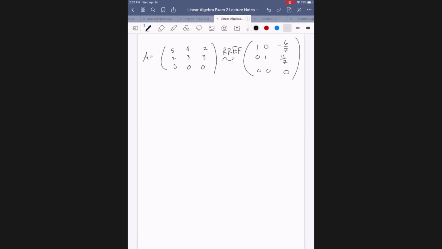Okay. Now, question. What would be the basis of the column space now that you have this RREF matrix? Remember, which ones are the linearly independent columns, right?